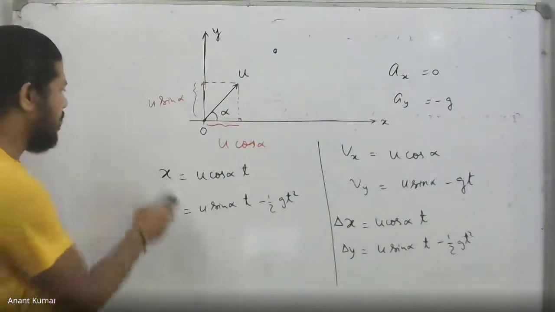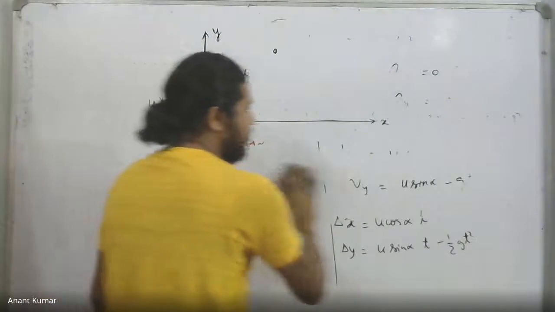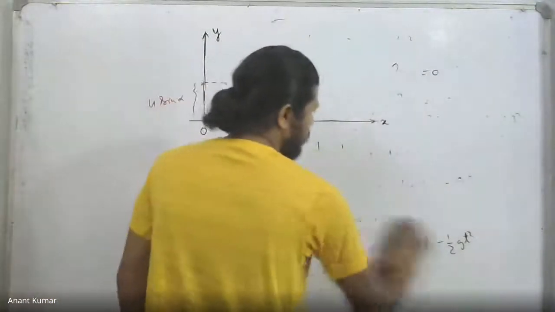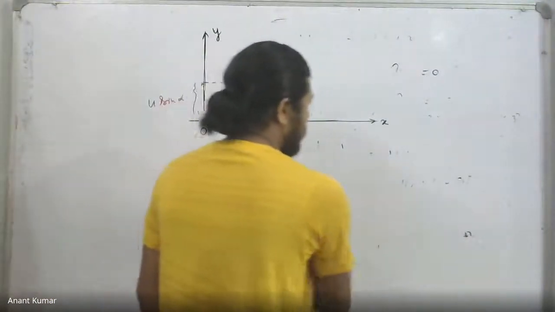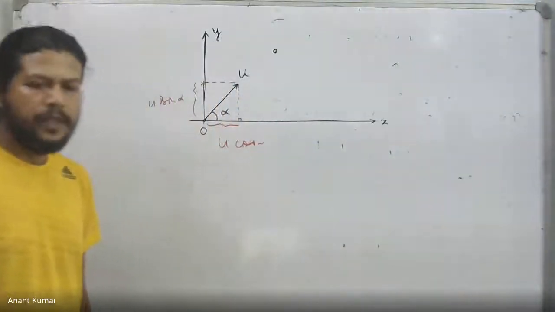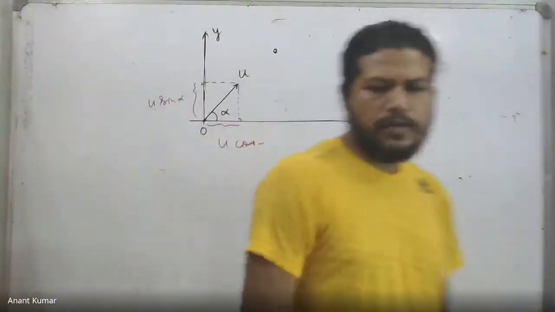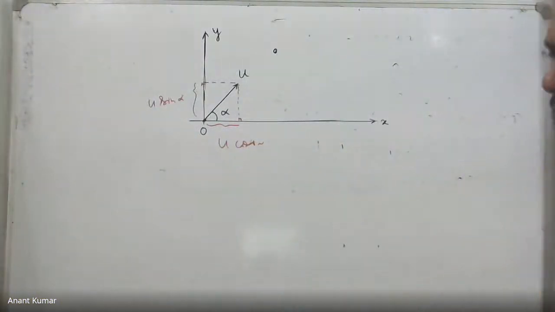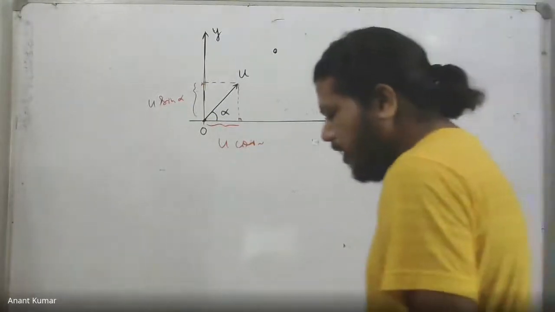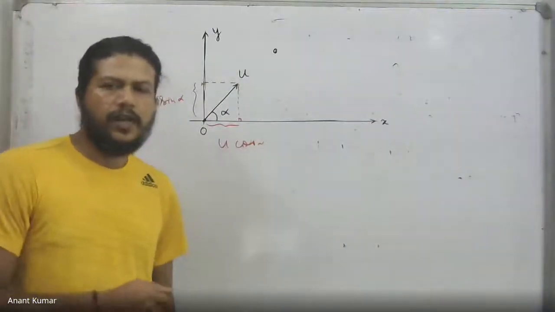Once we have got the position coordinates, which were x equal to u cos alpha t and y equal to u sin alpha t minus half g t square, there are actually many uses of the coordinates. For instance, as I know that the time parameter is the same in both the equations, I can eliminate the time parameter and get an equation which relates y and x.